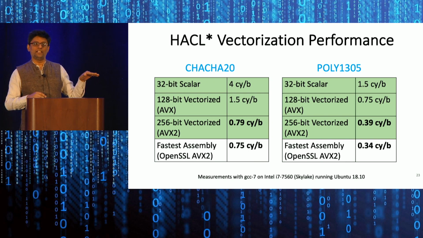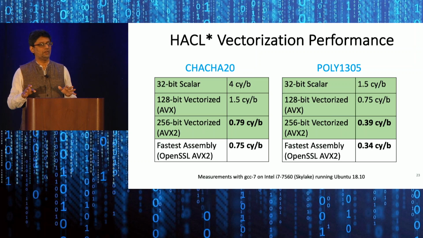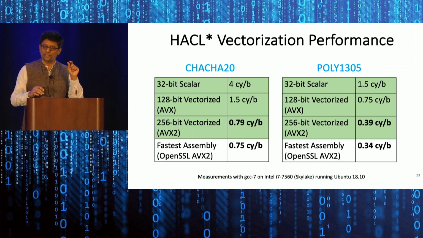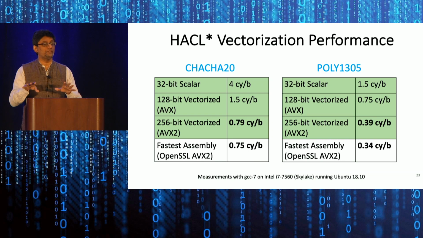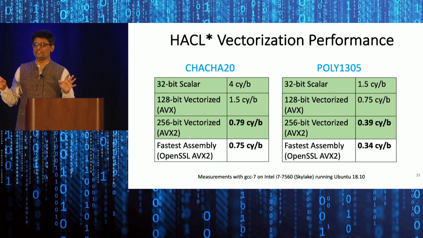And if you go to the bottom and you see, well, what is the fastest assembly implementation of these things on your laptops, you'll find that we're a little bit slower than the fastest assembly implementation, but not so much. And we came from completely generic, non-platform-specific code, okay? And we're coming down to that speed level. Of course, the precise numbers here, please don't pay attention. If you change the compiler, you change the operating system, small changes will change the numbers, but the rough shape of the numbers will stay the same.